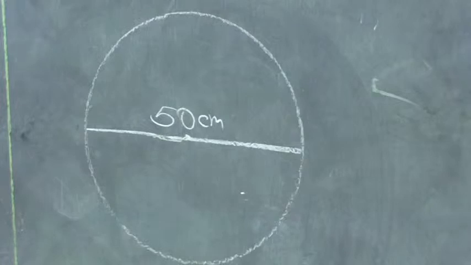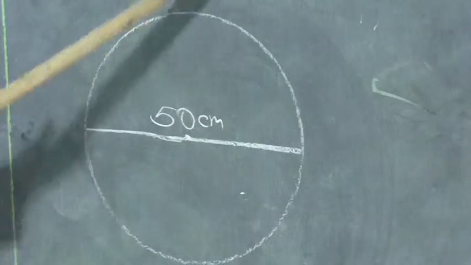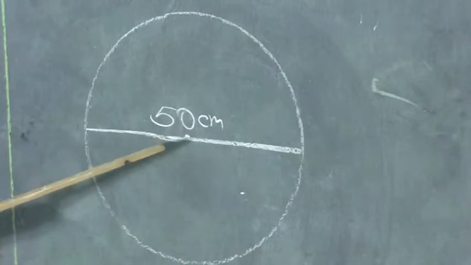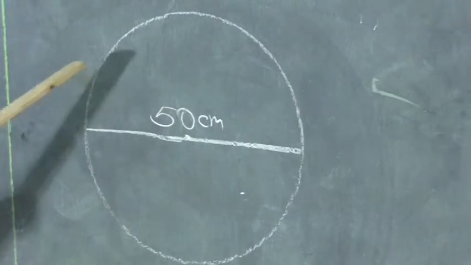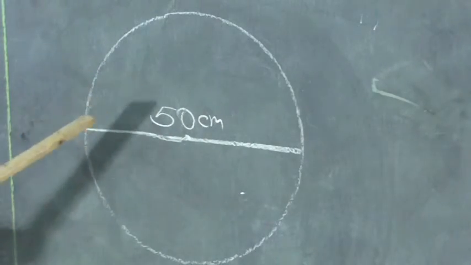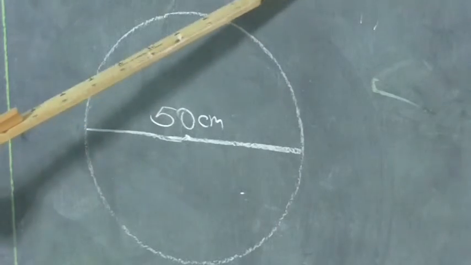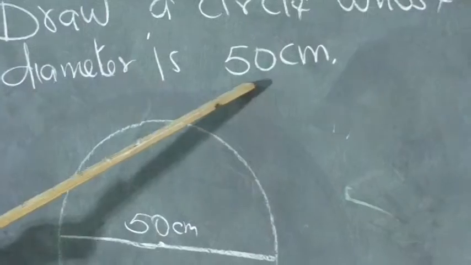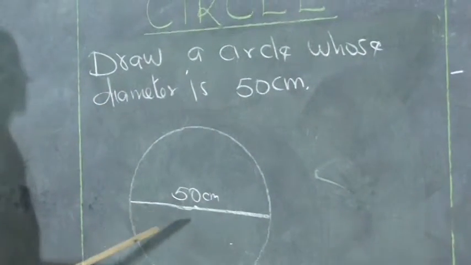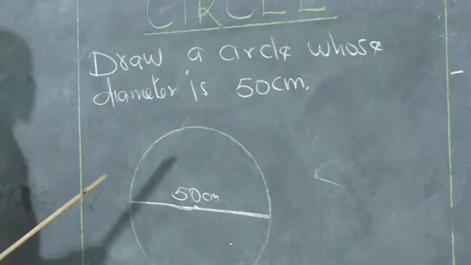So just as I've said, anytime you are given the diameter of a circle and you are told to construct the circle, step 1, you need to identify the radius of that circle by getting a half of its diameter. Then after getting half of the diameter, you use that radius to help construct the circle.